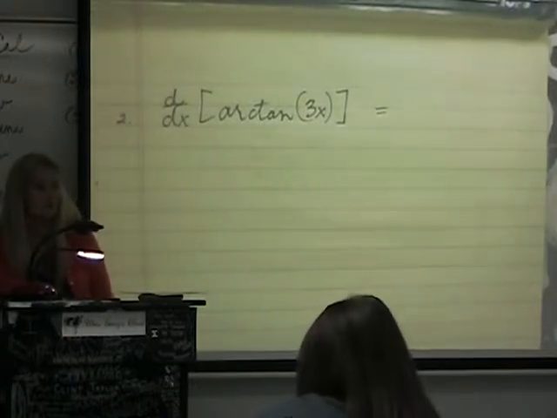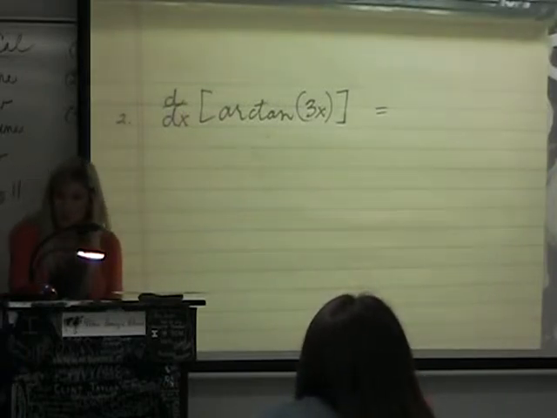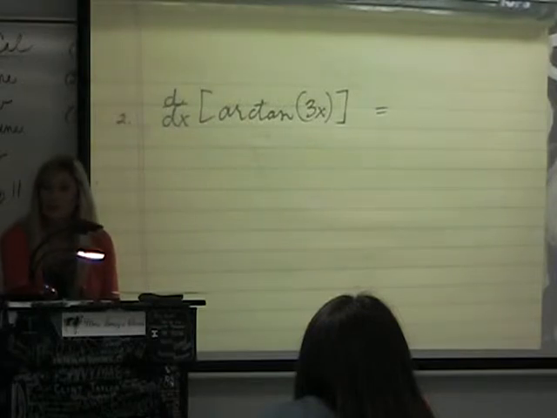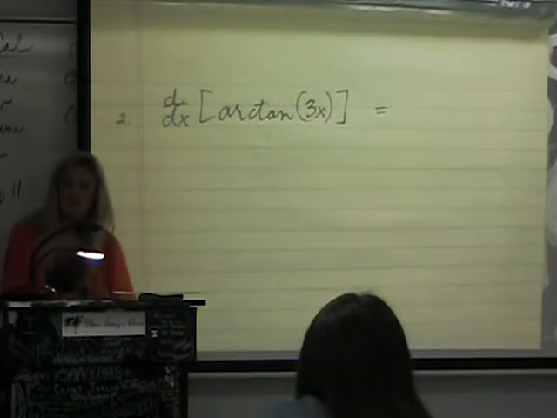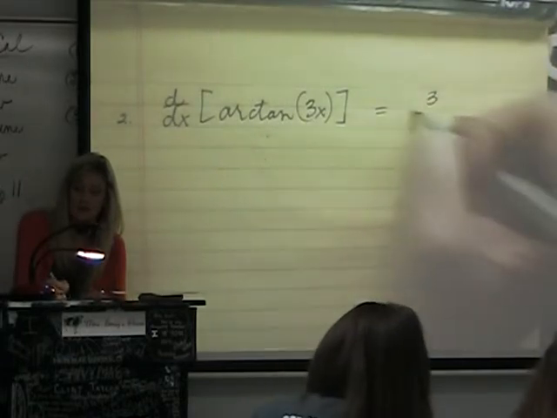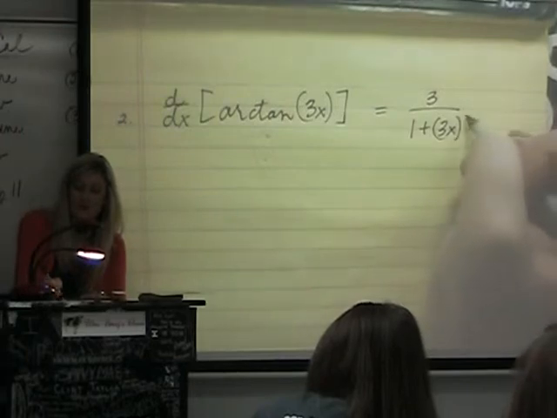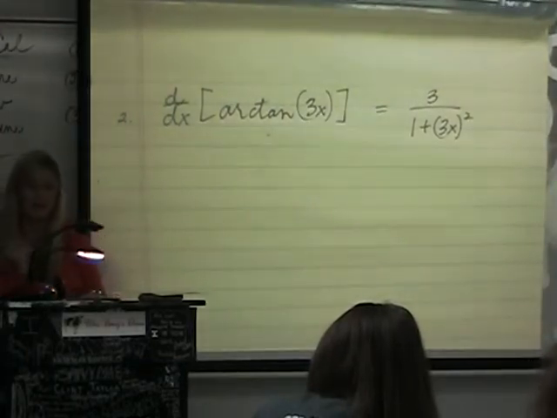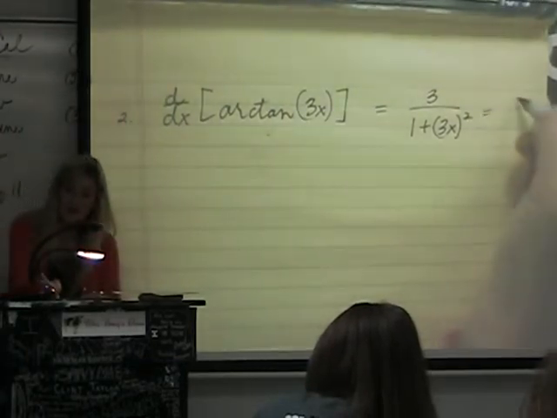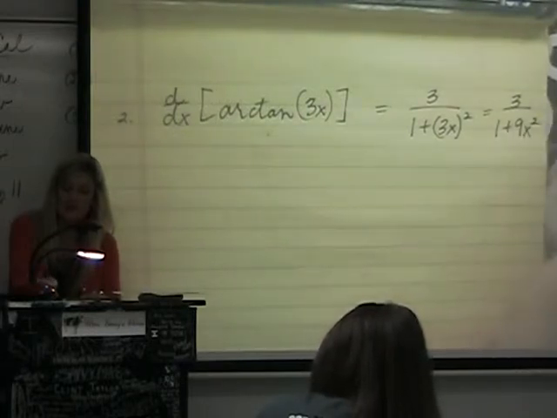So if you look at your formula, it's u prime over 1 plus u squared. U prime over 1 plus u squared. So u prime is just 3. And then 1 plus u squared. Remember to square both the 3 and the x. And you get 3 over 1 plus 9x squared.